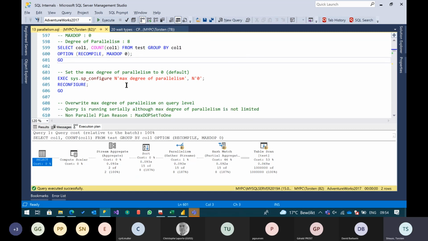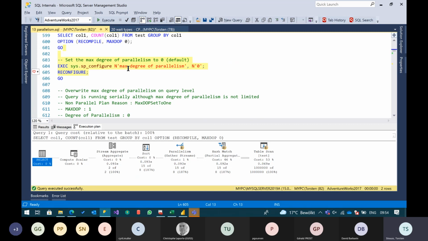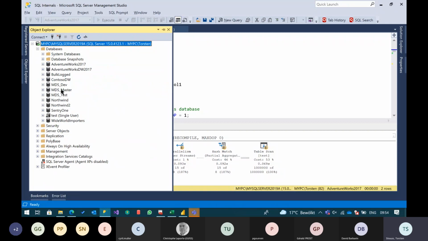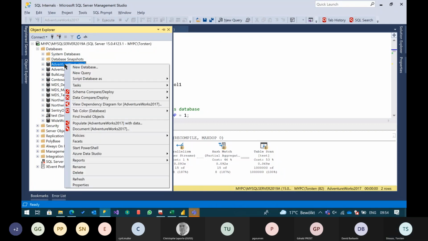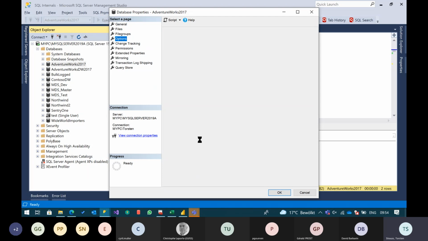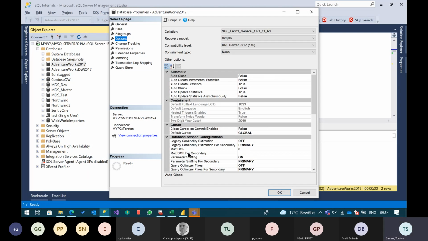Okay. So now I set, this is something I want to skip. I just want to tell you that on a database level, you also have the chance to set the maximum degree of parallelism. You can see it here, MAXDOP, on a database level.